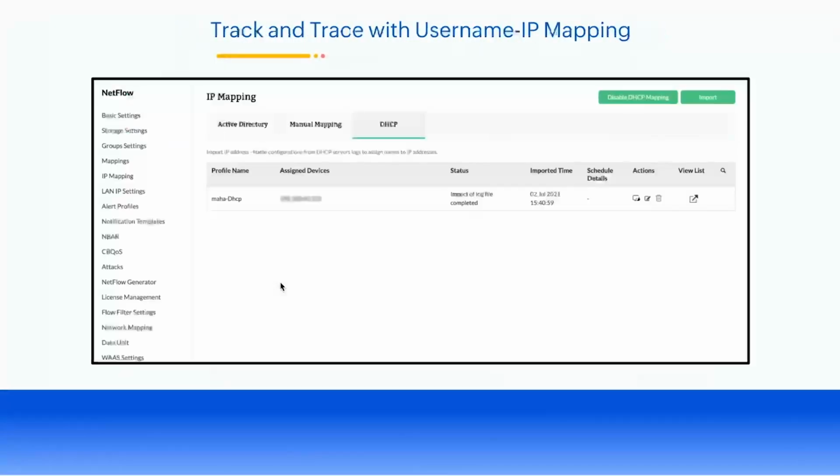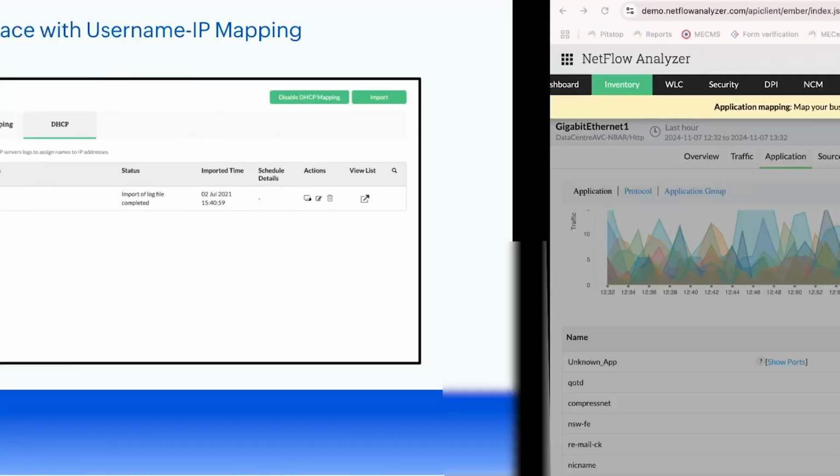Our next topic for the session is track and trace with username IP mapping. Username IP mapping is a feature that can help you assign a particular username to the IP addresses. There are three types of username IP mapping: manual mapping, AD mapping, or Active Directory mapping, and DHCP. Let's go to the setup and explore this feature.